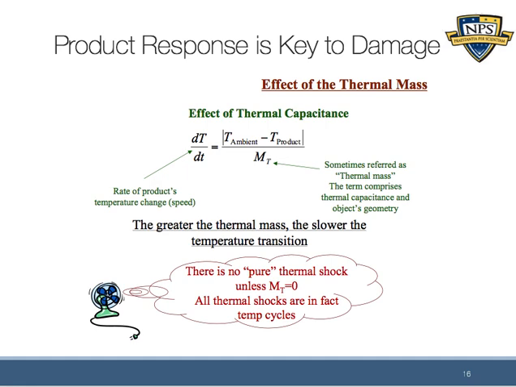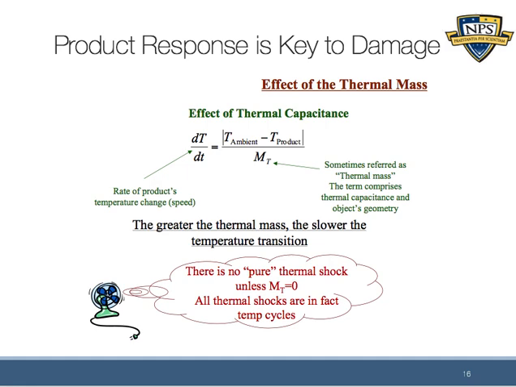And it's important to note that, in a theoretical sense, there's no pure thermal shock, meaning that in all cases where you heat up the air around a product, the product's actual temperature will lag the temperature on the outside.